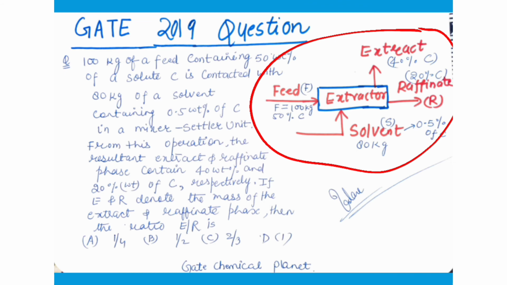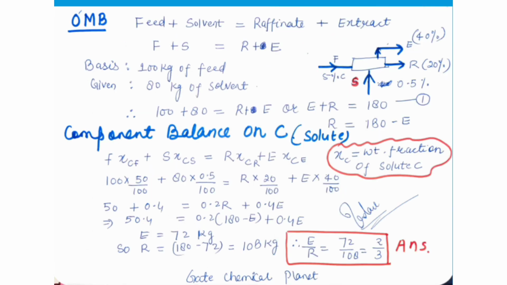In the extract phase we are getting 40 weight% of C, and in the raffinate phase 20 weight% of C. On the basis of the given information, we draw the block diagram of the extraction unit and then come to the overall material balance. Feed plus solvent equals raffinate plus extract: F plus S equals R plus E. The basis is 100 kilograms of feed, and 80 kilograms of solvent is given.